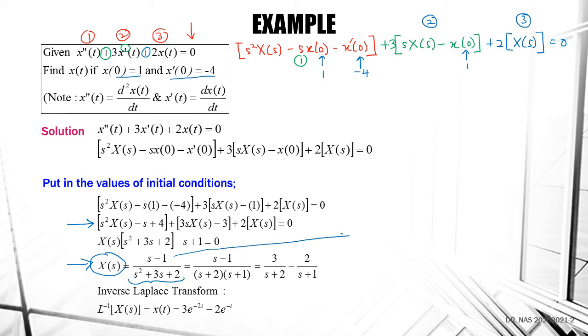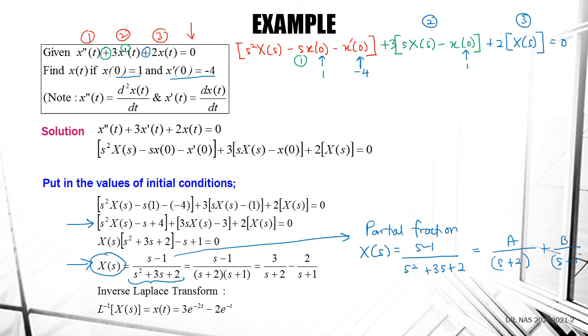Next, you need to perform partial fraction expansion. So you have Xs equal to s minus 1 divided by s squared plus 3s plus 2, in which this is equal to a divided by s plus 2 plus b divided by s plus 1.